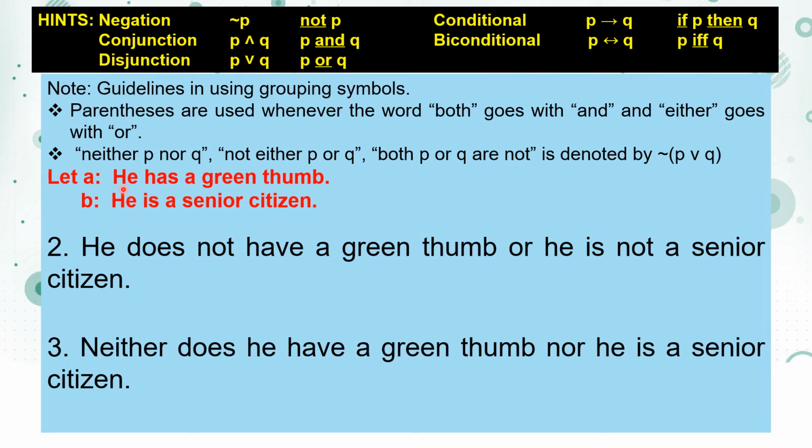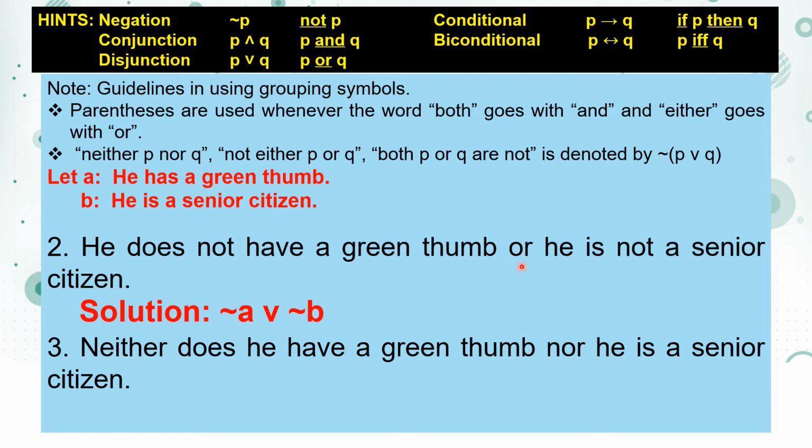Because here, the words are "he has," and here it is "he does not have." So, it's a negation. So, the symbol for negation is this one. Since this is proposition A, we have negation A or not A.